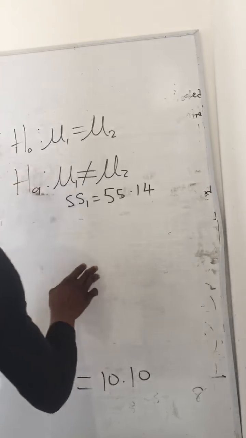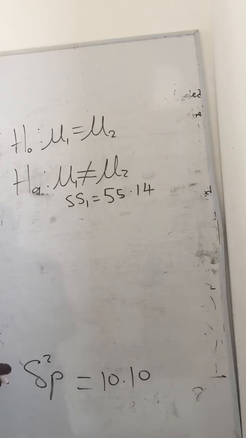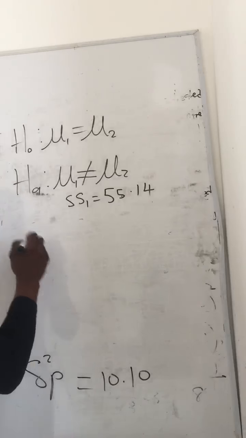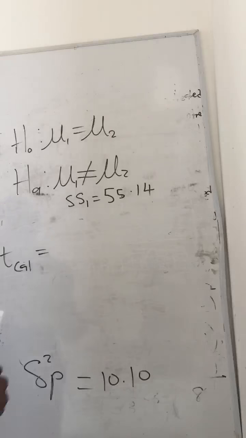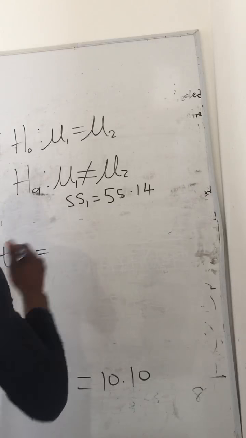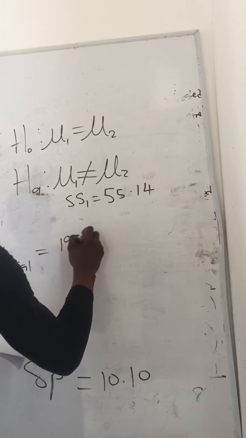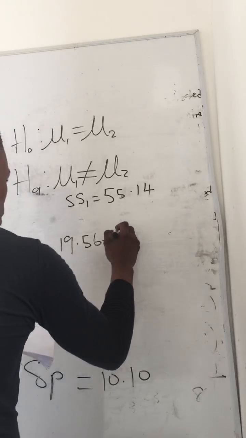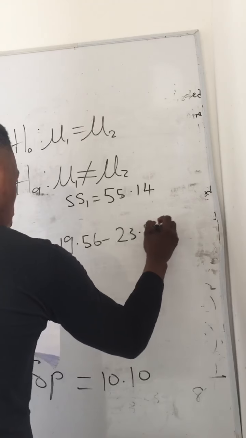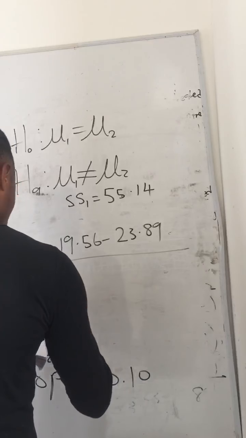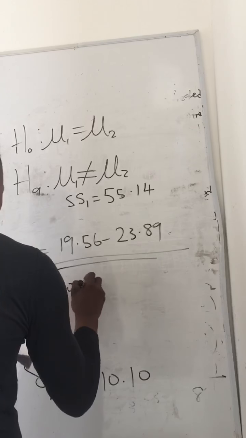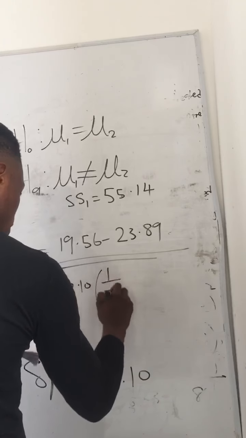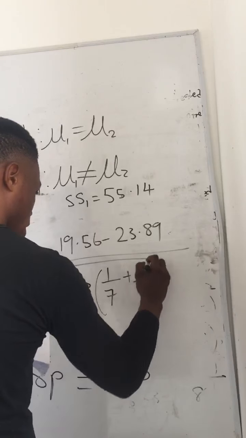So 10.0 for the pool variance, we have our T calculated equal to the mean 19.56 minus 23.89 divided by the root of 10.10 by 1 over 7 plus 1 over 8.